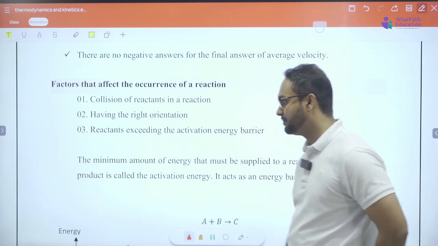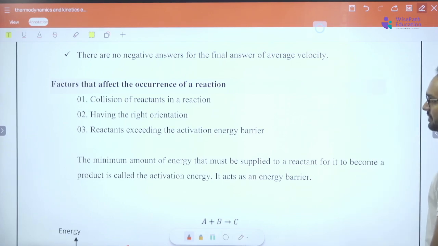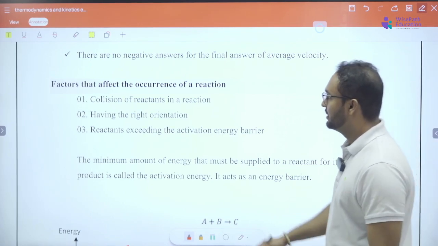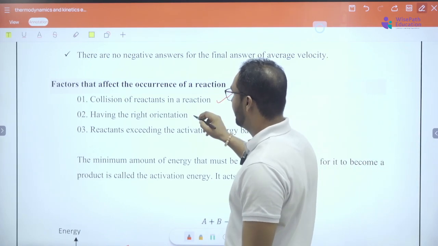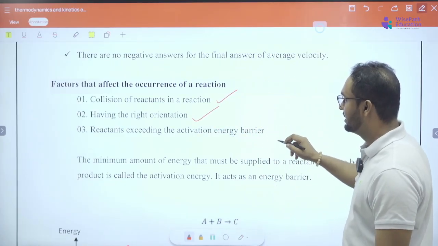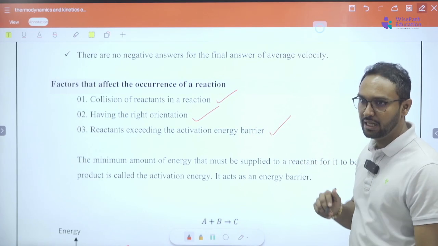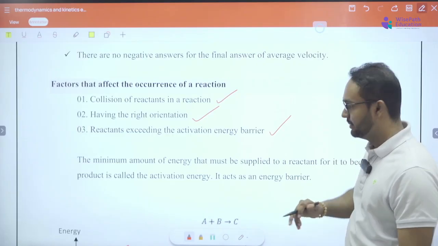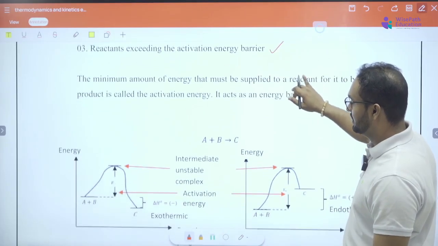That's very important because there will be questions on that. So the collision of the reactants, with the right orientation, and the reactants exceeding the activation energy barrier should be there.